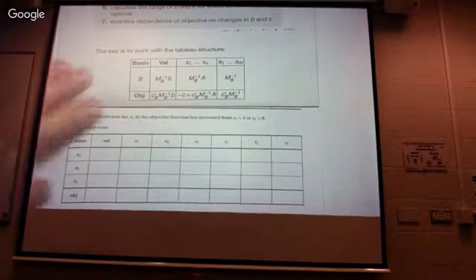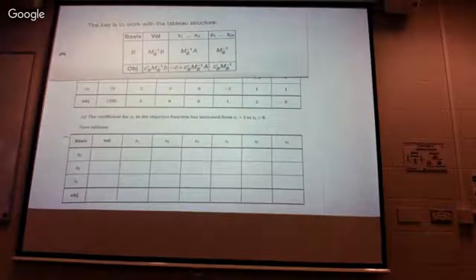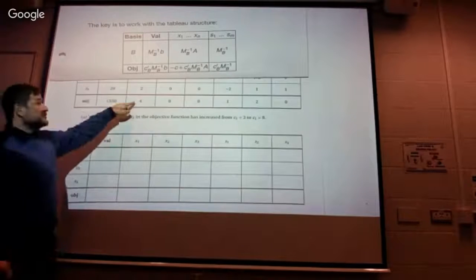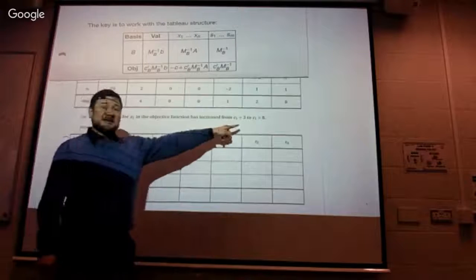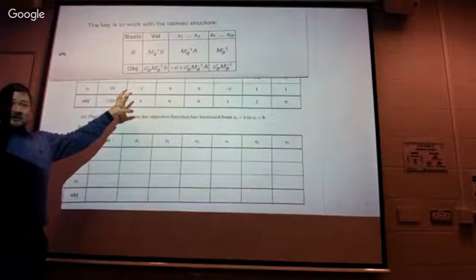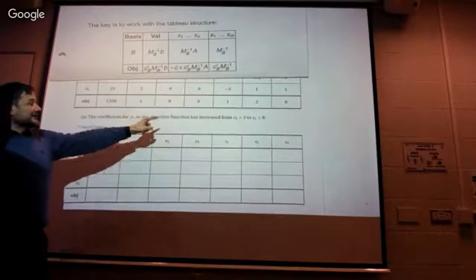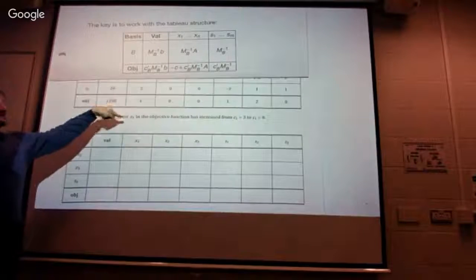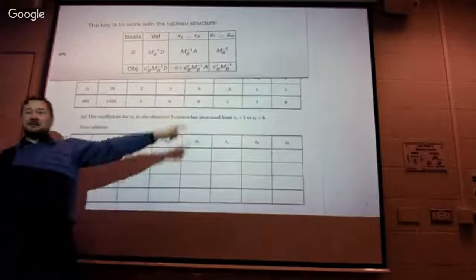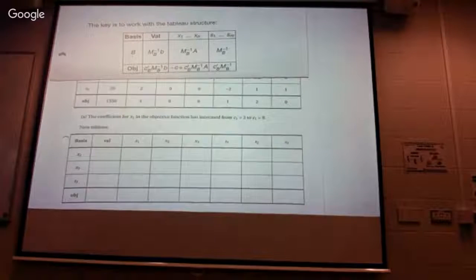That doesn't change. And you got 4. So this 4 is minus 3 plus something. Now you're going to have minus 8 plus that same something. So C1 went up by 5. This has to go down by 5 because it's the negative. So it's going to change to minus 1.